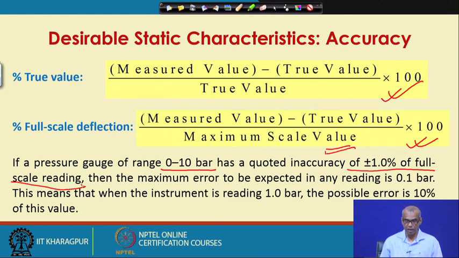Then the maximum error to be expected in any reading is 0.1 bar. Why? This is 1% of 10 bar. This means that when the instrument is reading 1 bar, the possible error is 10% of this value.